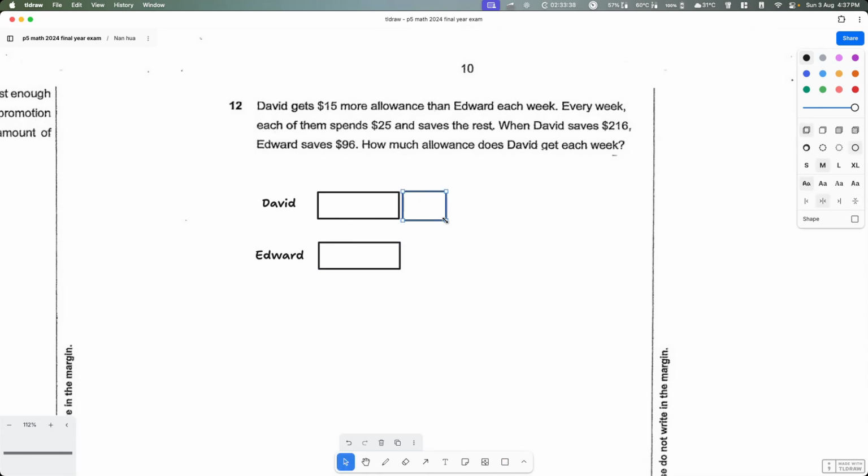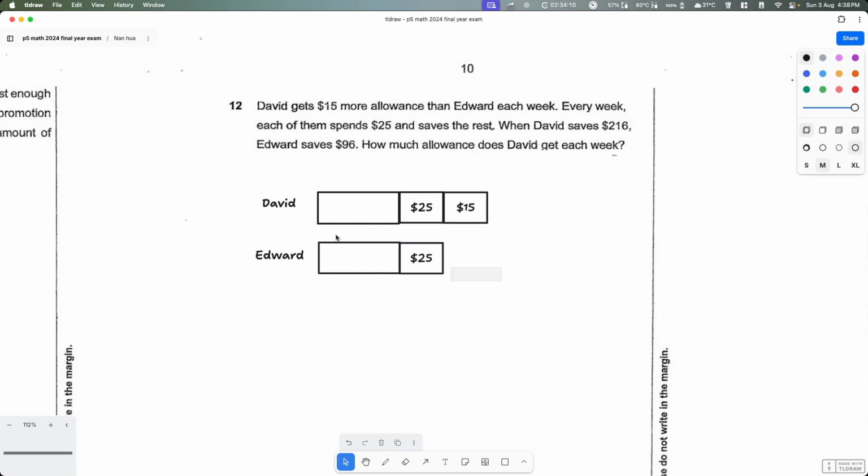Maybe this is $15. We also know that both of them spend the same $25. That's a fact. So the only thing that is different between them is $15.